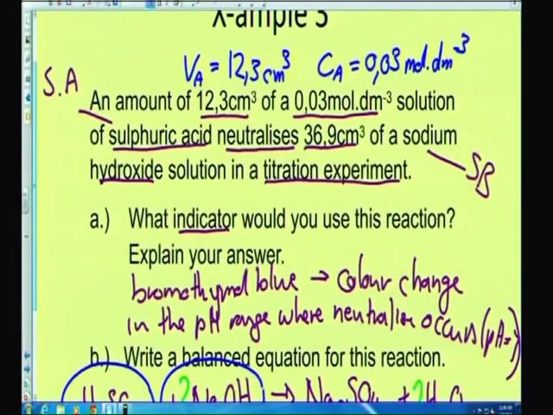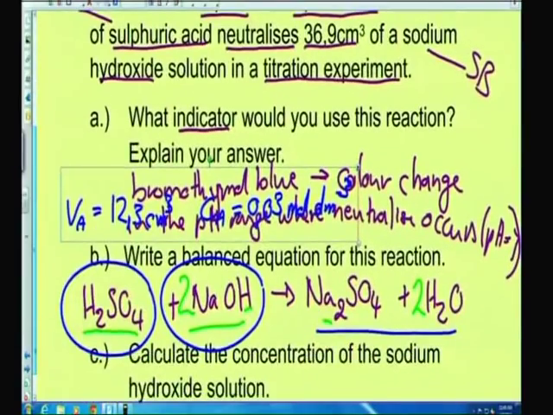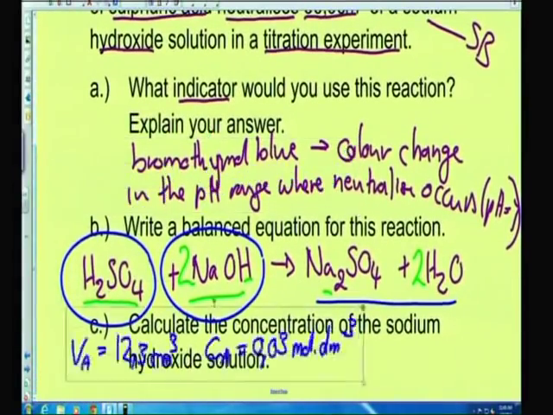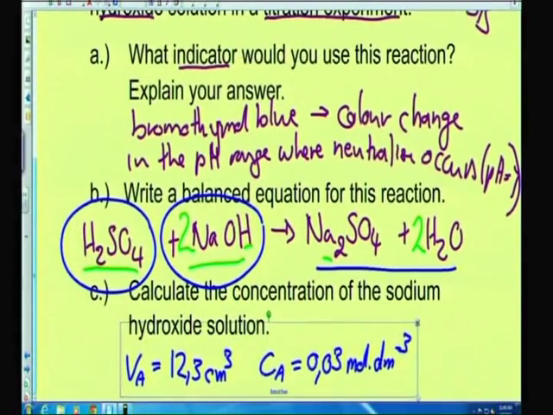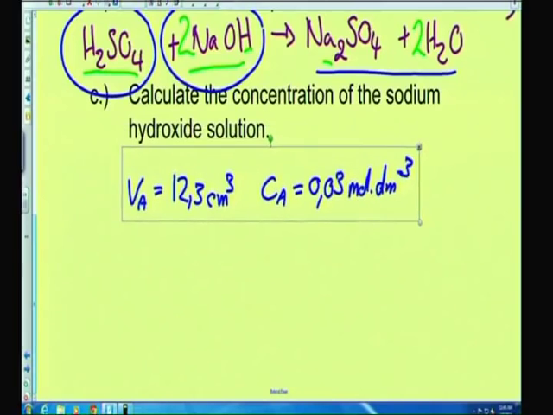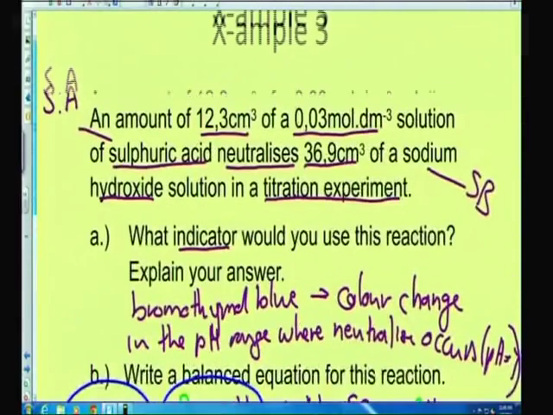Okay, so I'm going to need to have that information. I'm going to pick that up and just move it down to my question where I'm going to need it, because that's the first bit of information that I need in my calculation. So I've got the information from the question for my acid. I've got the volume of the acid, and I've got the concentration of the acid which is given.